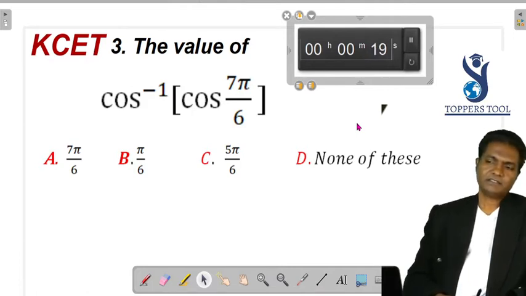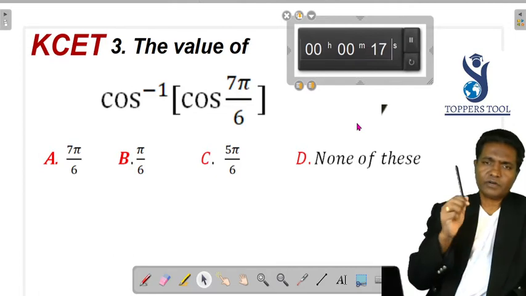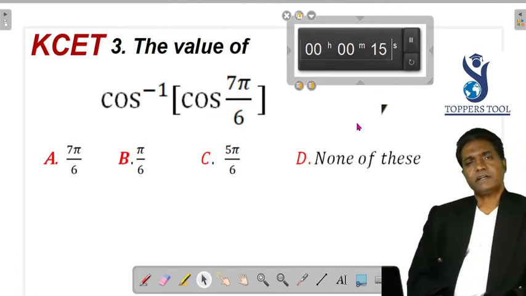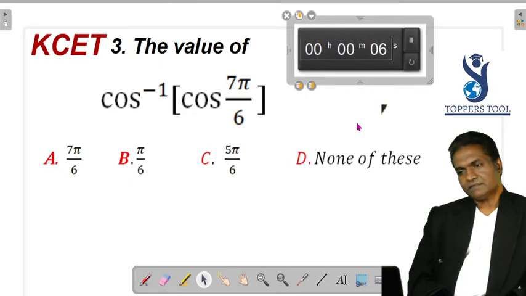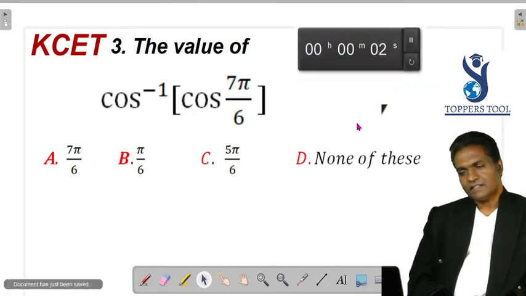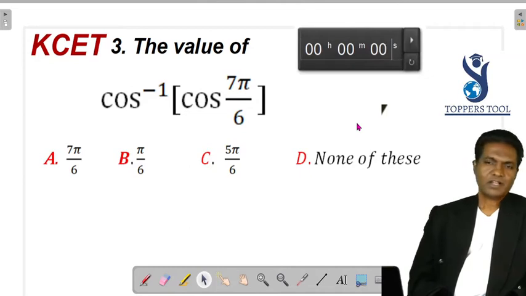Nothing is hard. Only if you are good at basic concepts, you can crack it. Otherwise, impossible. So last 10 seconds, last 5 seconds.